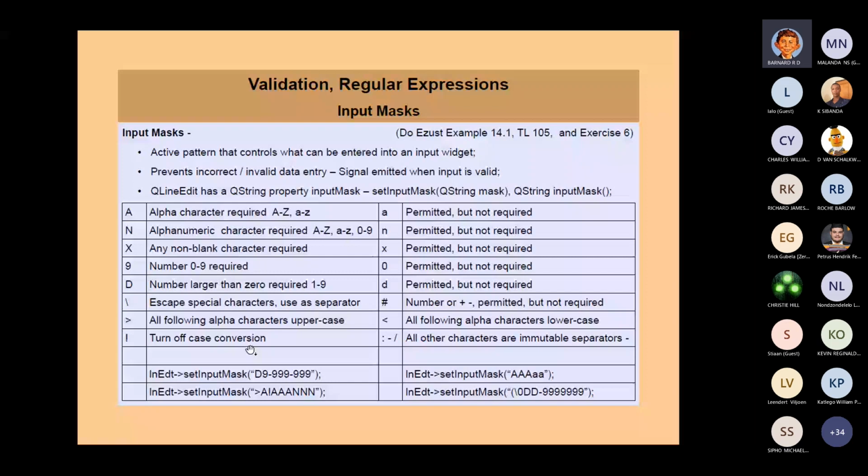In other words, if you use the greater than sign to set capital letters, say you just want the first character capital, you would follow it then with the exclamation mark after that character to turn off the compulsory capital letters. So the greater than and the less than sign turn on your case sensitivity, and the exclamation mark turns it off.